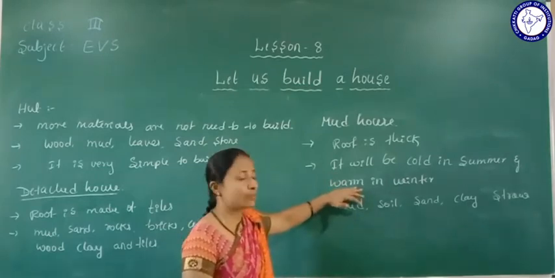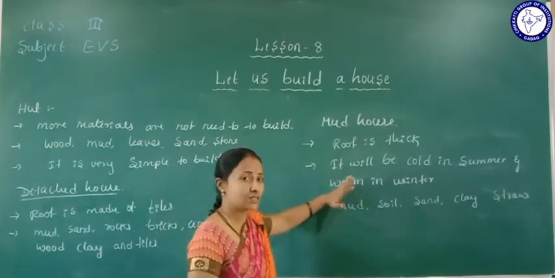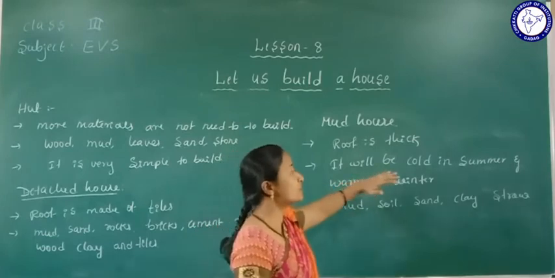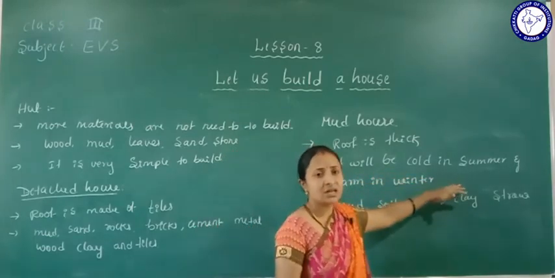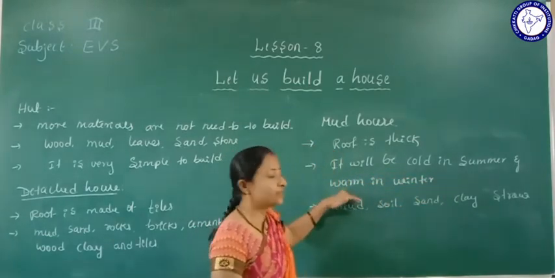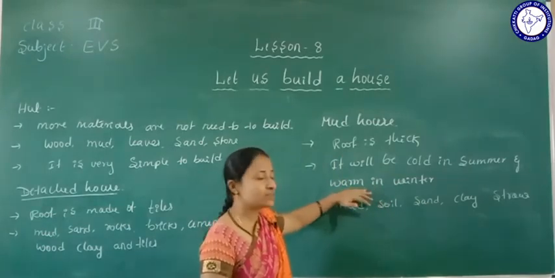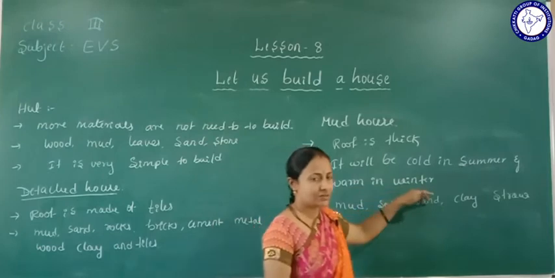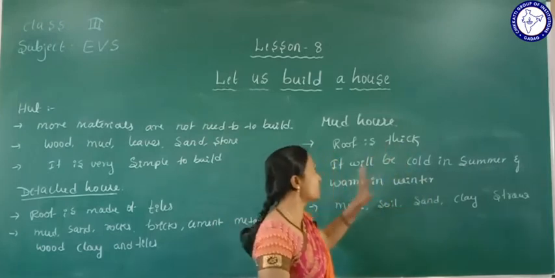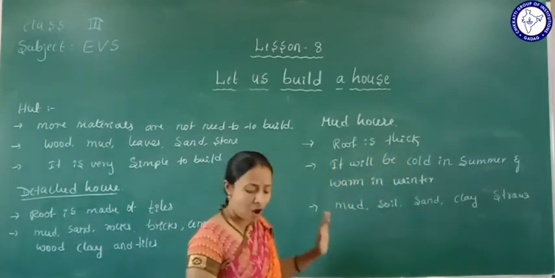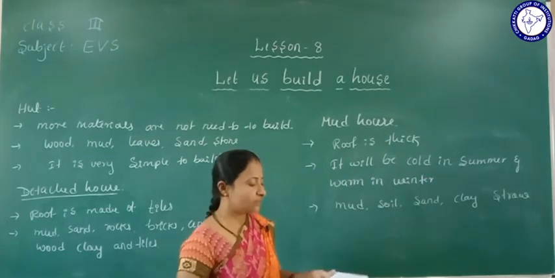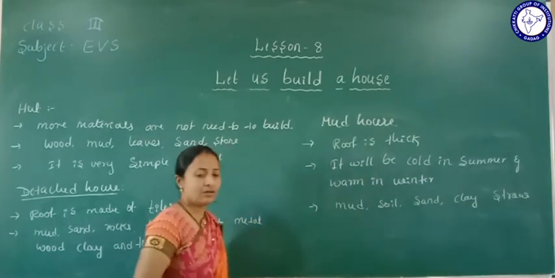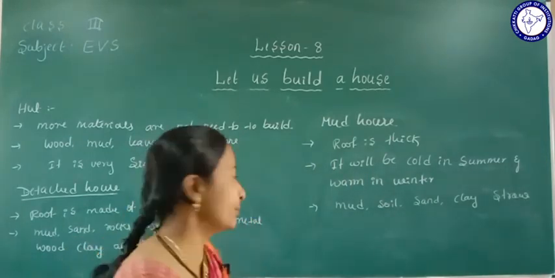You know in summer season it is very hot, but this house gives coldness in summer season and also warmth in winter season. In winter season it is very cold, but it gives warmth. Yes, understood about this one? This is the mud house. Okay, so next one we are studying now, that is the building.